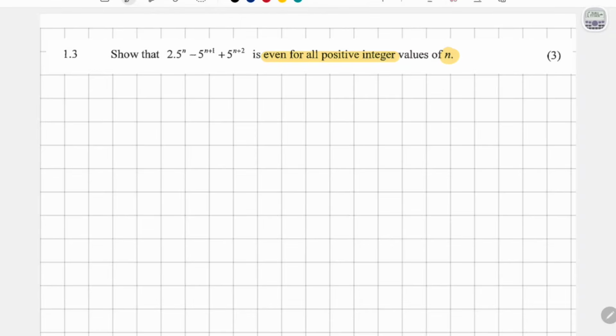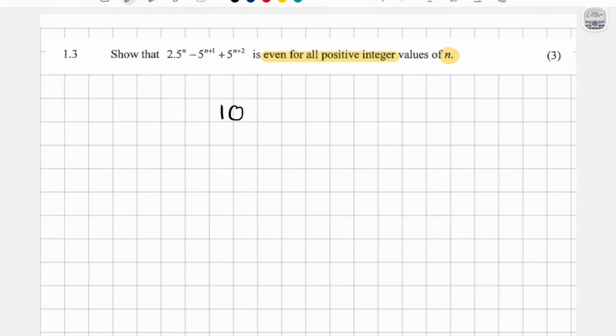For you to prove that an expression is even, you have to show them that that expression can be divided by 2. So for example, to show you that 10 is actually an even number, I have to show you that 10 can be divided by 2. I don't necessarily have to divide it by 2, but I just have to show you that it actually can be divided by 2.